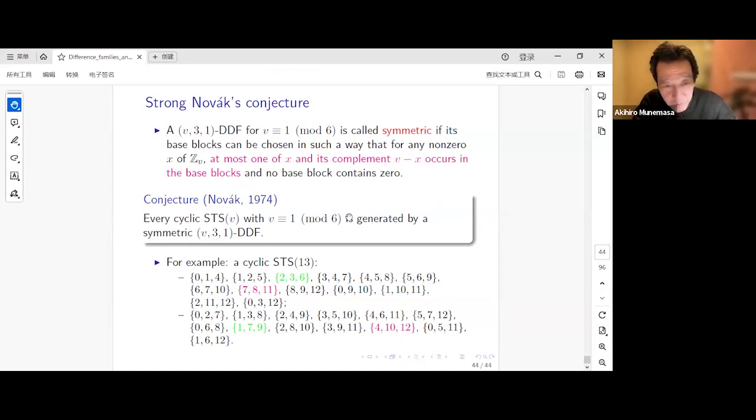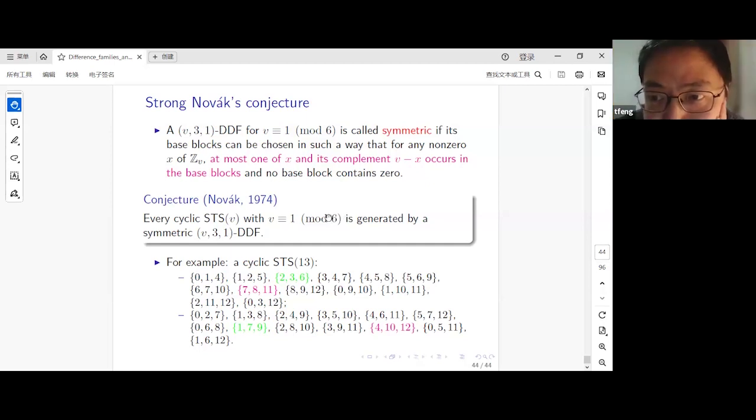But there's an obvious upper bound on the number of disjoint sets, roughly v over k, where k is the size of the block and v is the number of points. So you can't have more than v over k disjoint blocks.